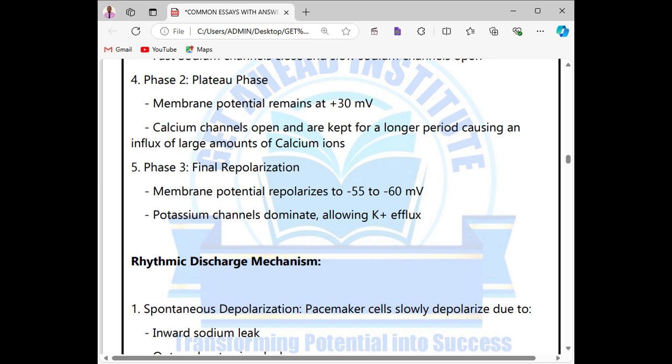Remember that potassium, when it is inside, is usually bound to negative ions.